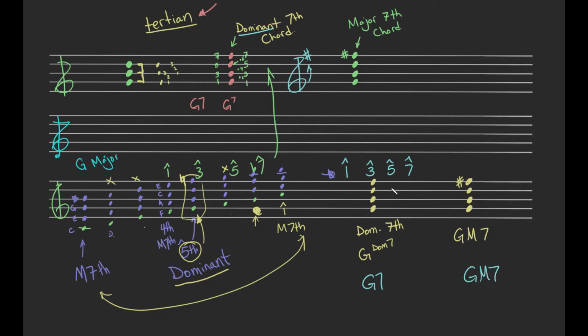Okay, let's go ahead and see what these sound like, or listen to what these sound like. Okay, so if you have a G dominant, there we go, G dominant 7th, it sounds like this. And if you have a G major 7, it sounds like this.